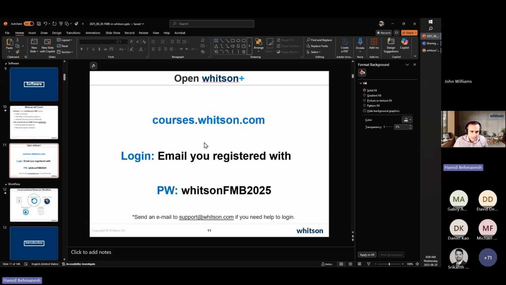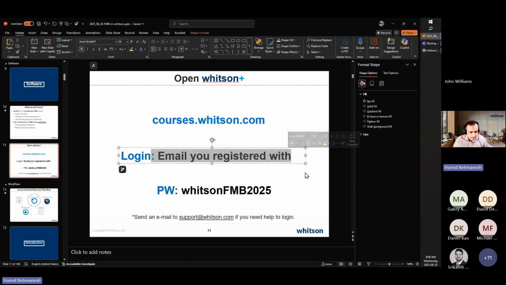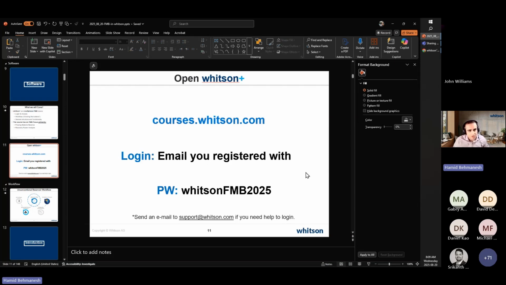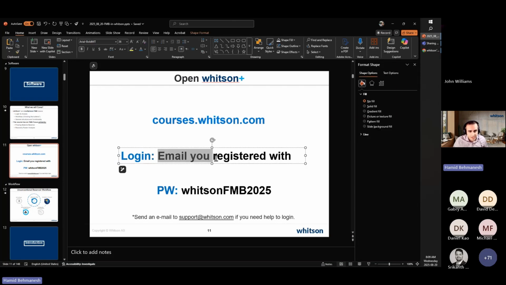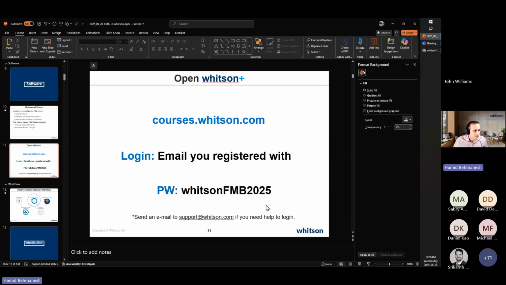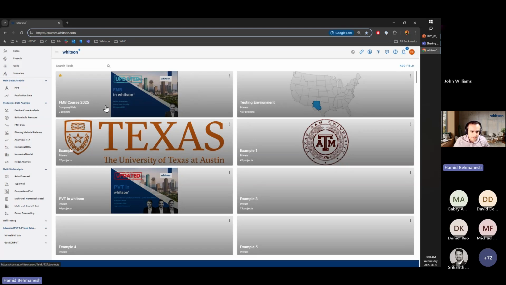And the credential for logging in is the email that you registered with. So if you're affiliated with a company, please don't use your company email. Use the email that you registered for the course. And the password is Whitson FMB 2025. So if you can access these, then you should be able to see FMB course here. And if you have any problem with accessing these, please send us a note in the chat or contact us as soon as possible so we can grant access to you.